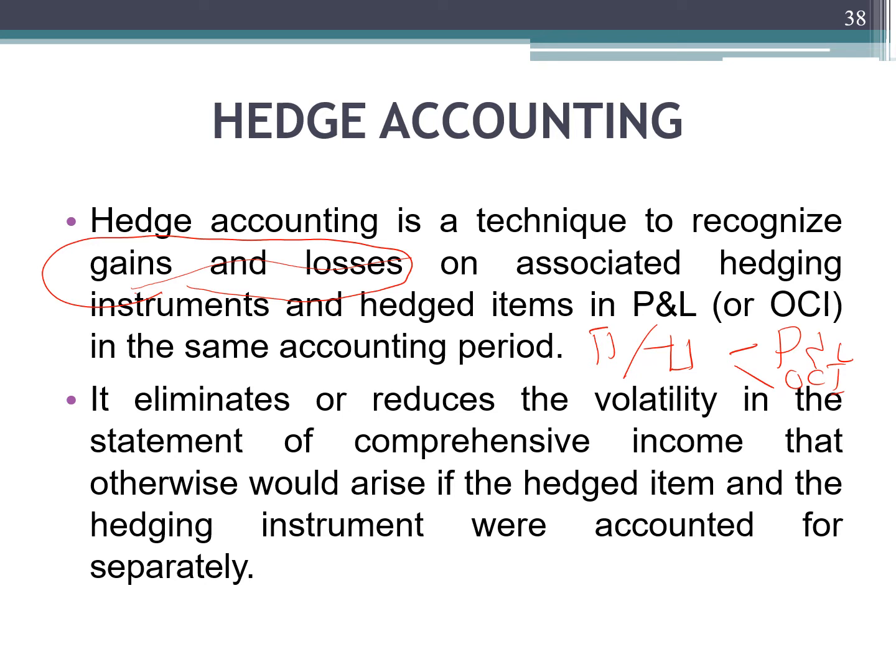The purpose of hedging accounting here is to eliminate or reduce the volatility in the statement of comprehensive income that otherwise could arise if the hedged item and hedging instrument are accounted for separately. So we have two different things: one is a hedged item, and the other is the hedging instrument.